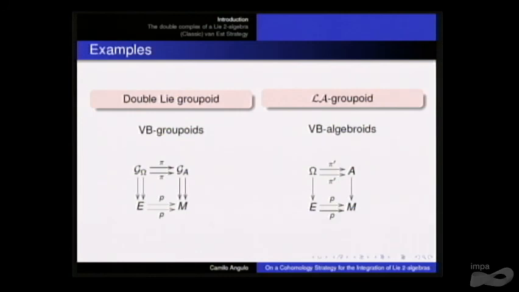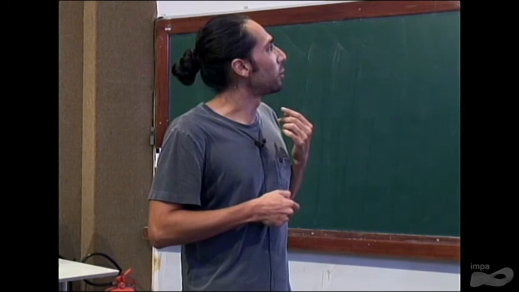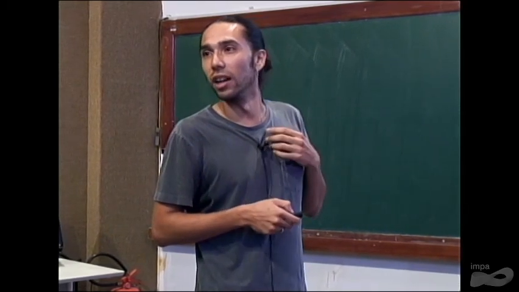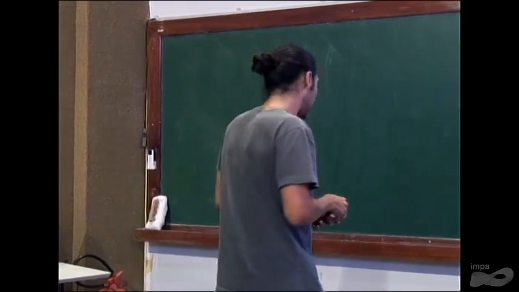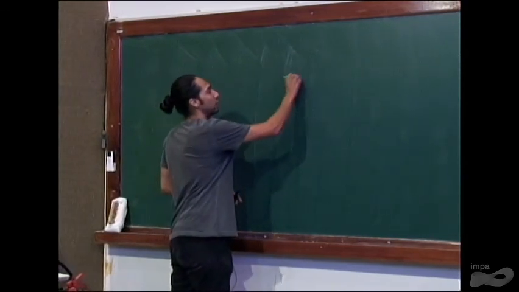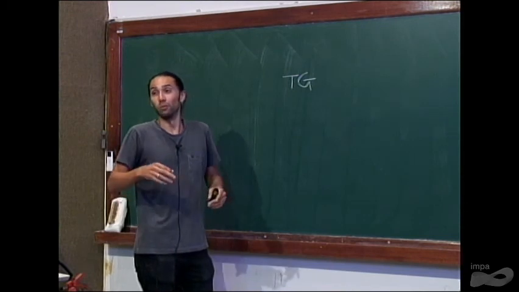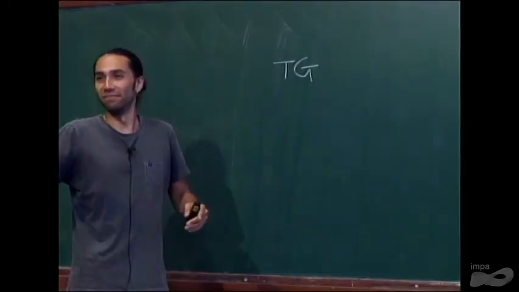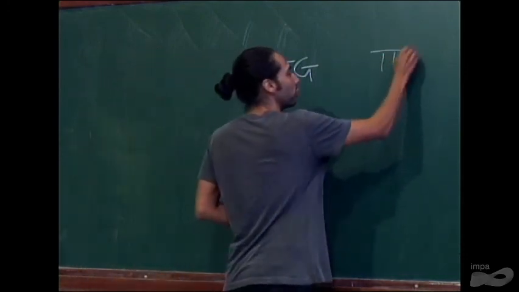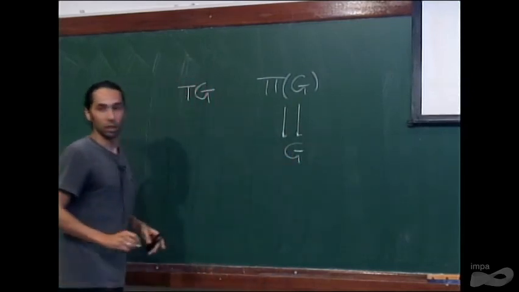Why is it not a groupoid? There isn't always a multiplication here making this into one. I can actually tell you. If you've got TG, the source simply connected Lie groupoid integrating this is going to be the fundamental groupoid.